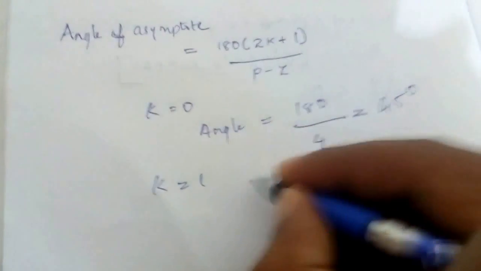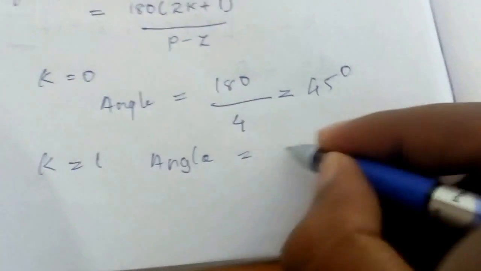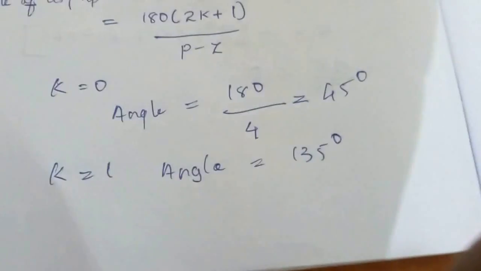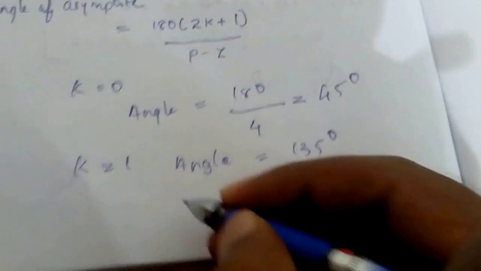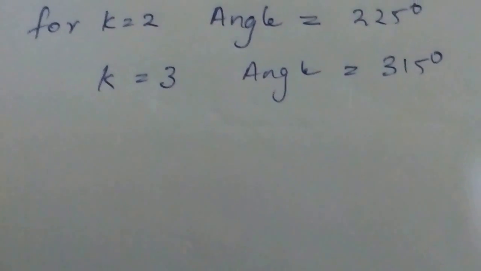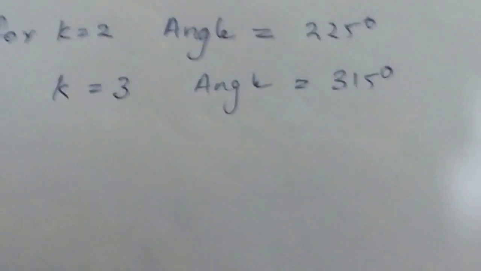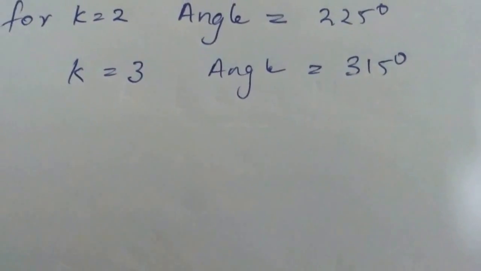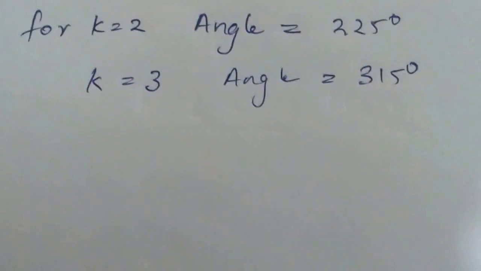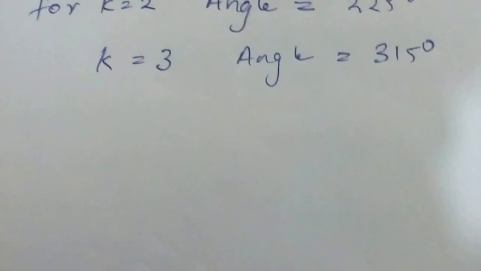Similarly, for k equal to 1, the angle is equal to 135 degrees, and for k equal to 2, the angle is equal to 225 degrees, and for k equal to 3, the angle of the asymptote is 315 degrees. So mark this in the graph.